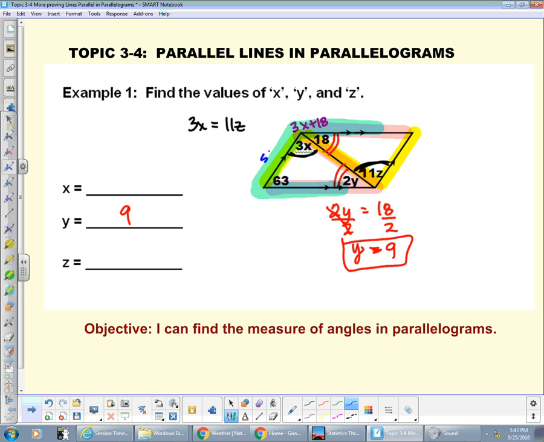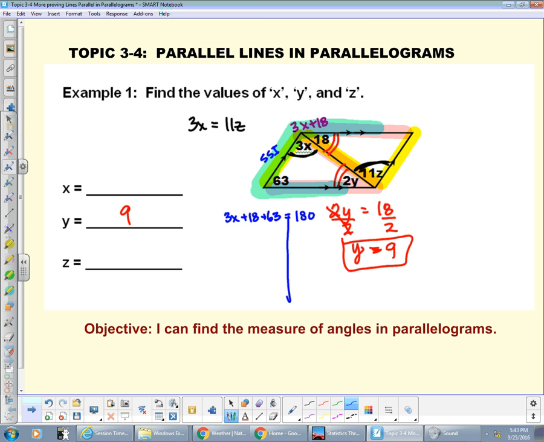So we're going to say that 3x plus 18 plus 63 is equal to 180.